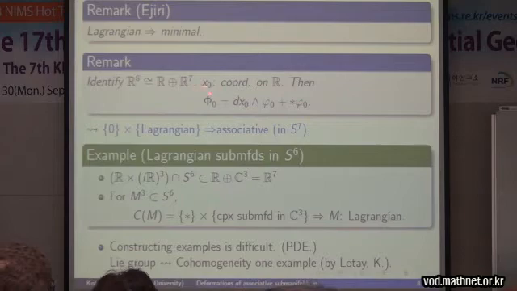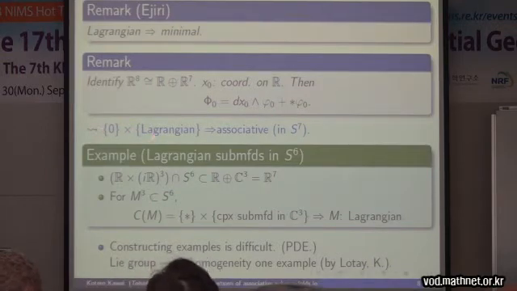Here x0 is a coordinate on R. From this relation, we easily see that 0 times Lagrangian is an associative submanifold in S7. Well, 0 times Lagrangian has no x0 direction, so the first term always vanishes.